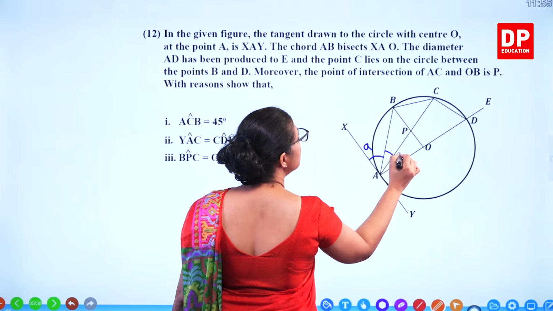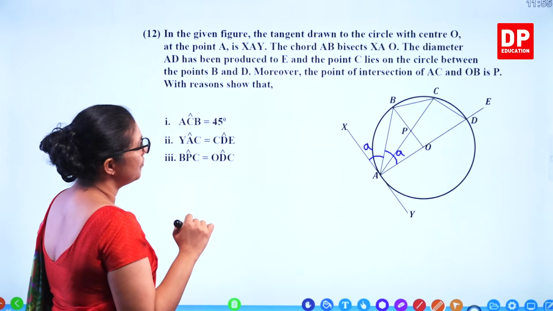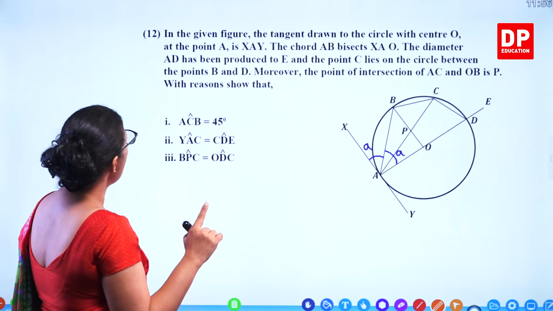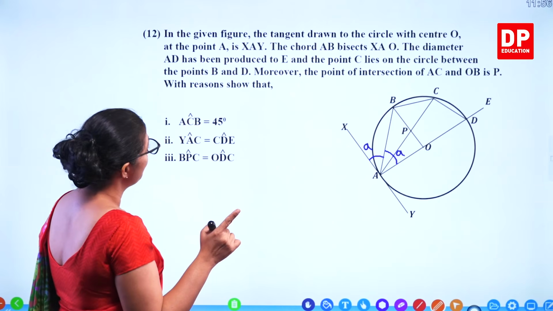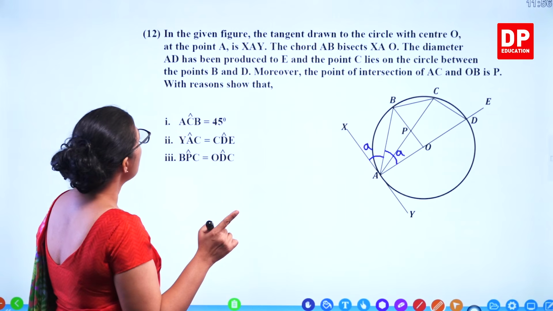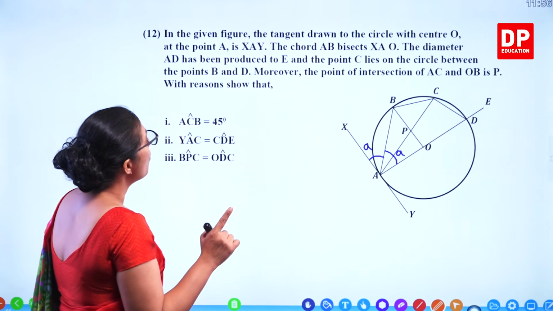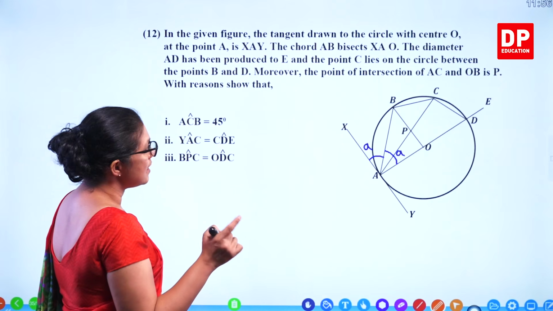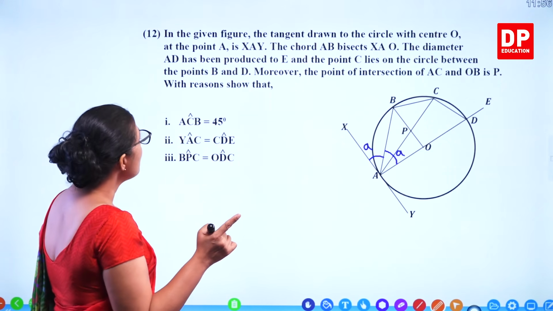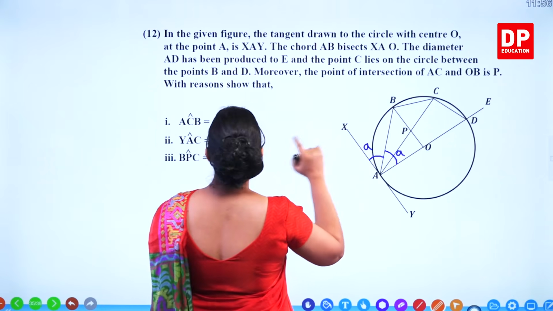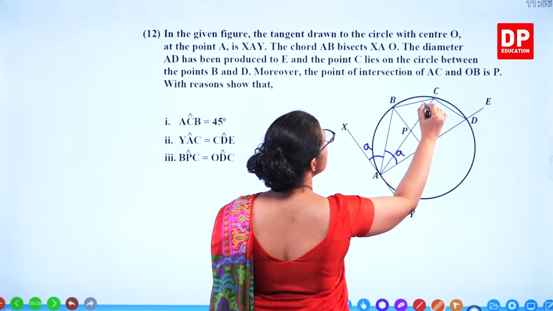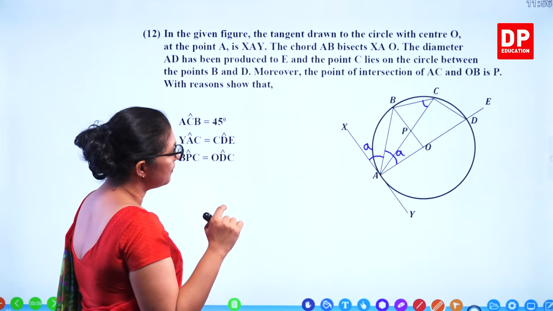I'll put A because it bisects. The diameter AD, so this is the diameter, has been produced to E, and the point C lies on the circle between the points B and D. Moreover, the point of intersection of AC and OB is P. With reasons show that angle ACB is 45.